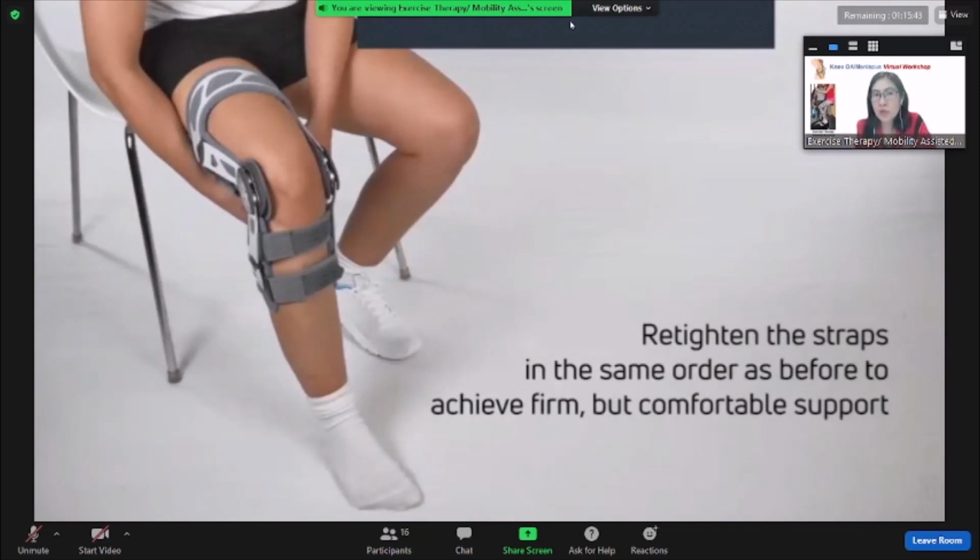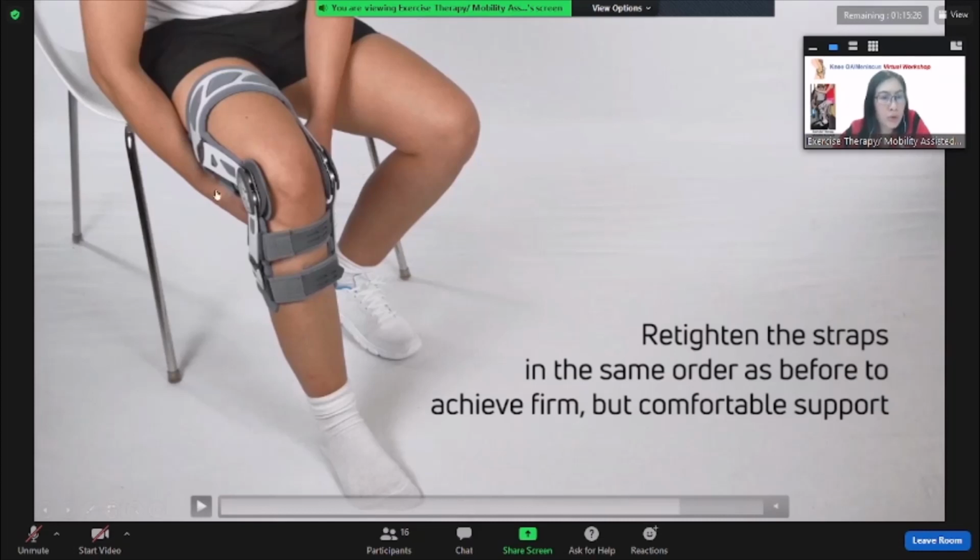Actually, if the brace is worn properly and secured properly, and the sizing is correct, that would help to avoid the situation where the brace slides down the knee. Okay. Of course, we will go through with you when we meet you, or even our colleagues who are based outstation will meet you and show you how to fit the OA brace. Okay, because there are anatomical landmarks that you need to be aware of before fitting the brace.